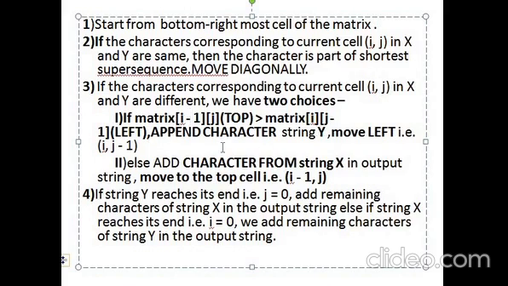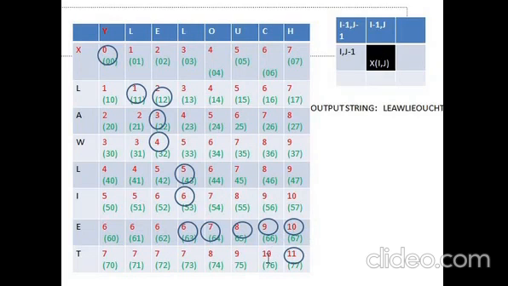If so, move left and print the character from string Y. In this case, 10 is not greater than 10, so that condition won't be satisfied. So we print T in the output string, and then we move to the top position, printing the value from the X string. We print T.